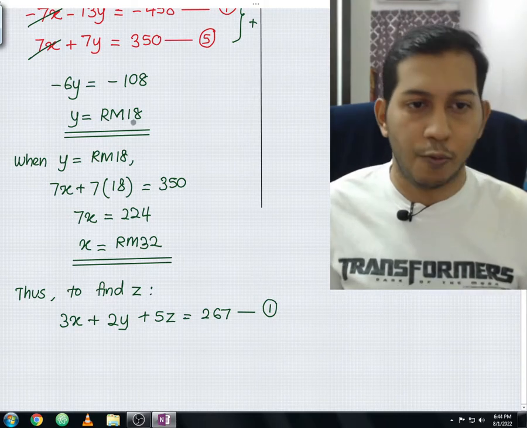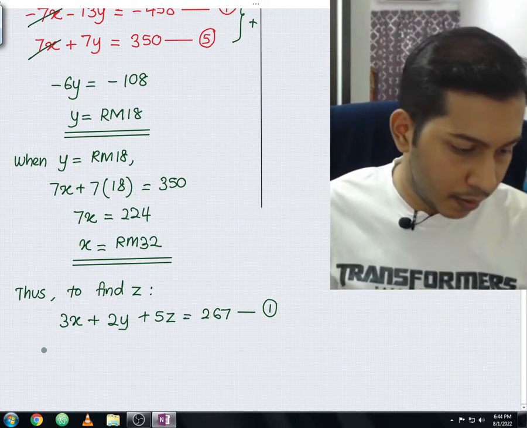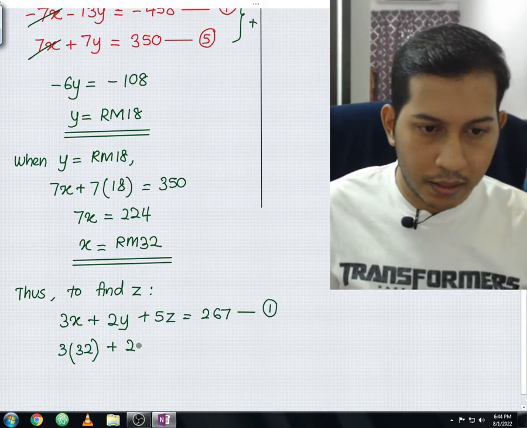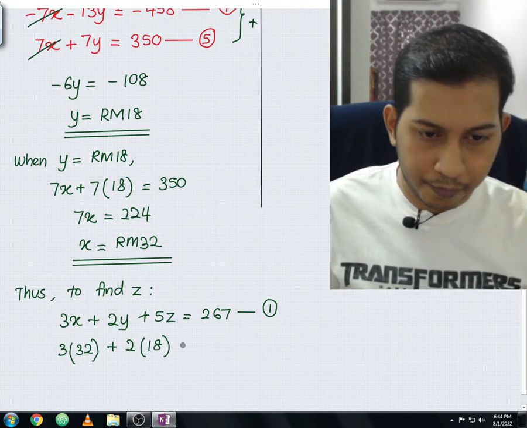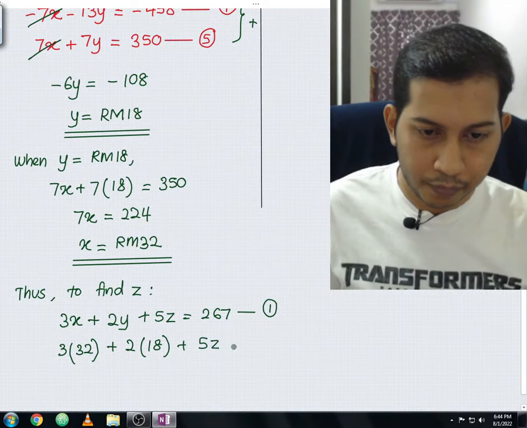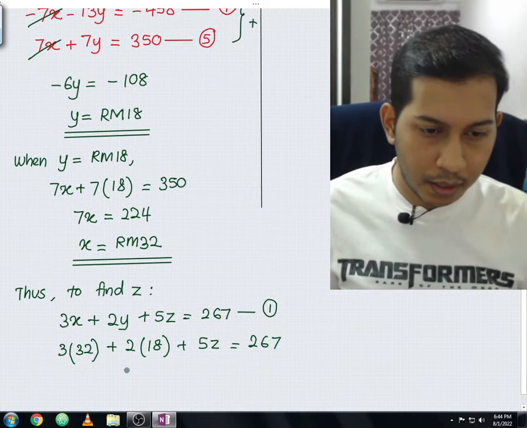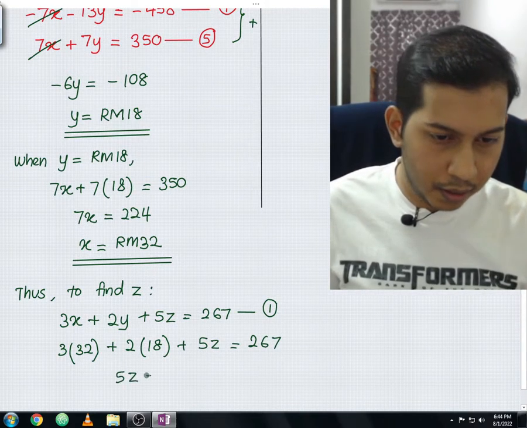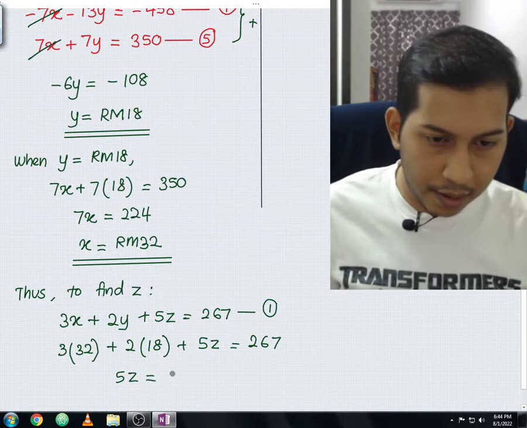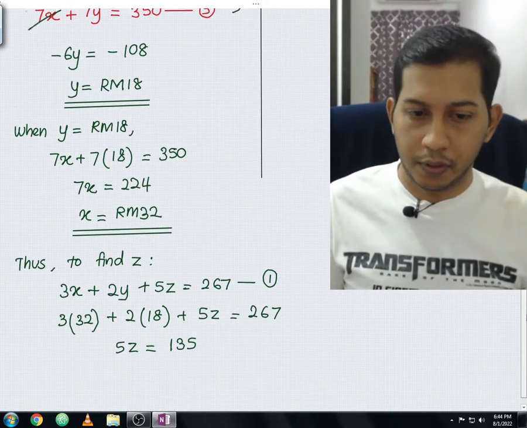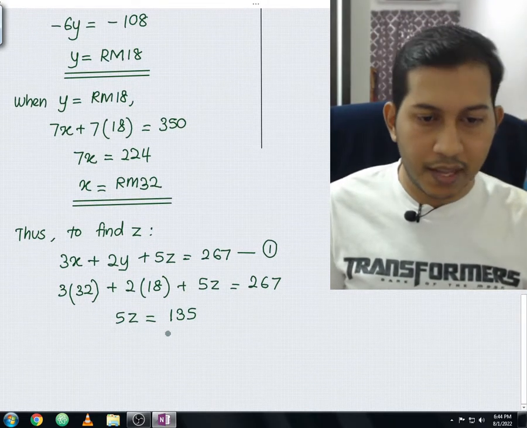Let us substitute the x and y values into this equation number 1. So from here, 3 times 32 plus 2 times 18 plus 5z equals to 267, okay. So from here you calculate, you should be getting 5z is equal to 135, okay. 5z equals to 135.